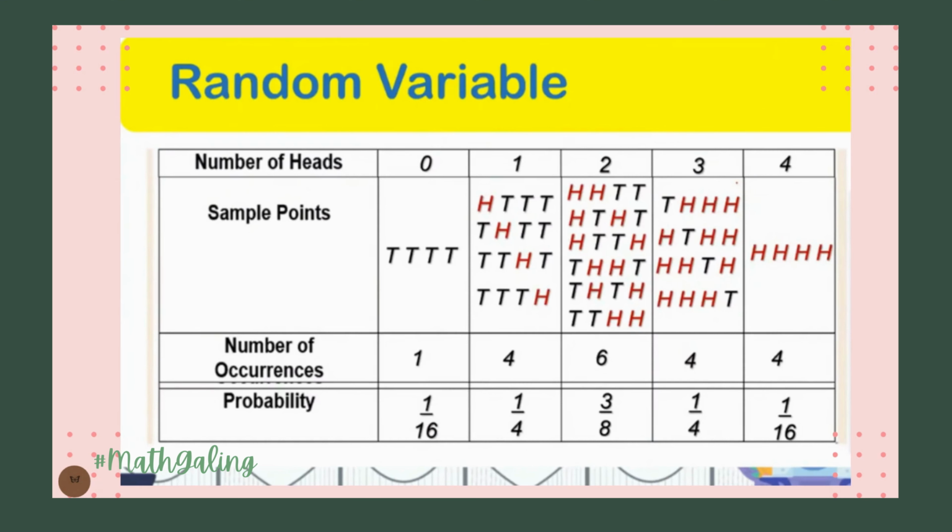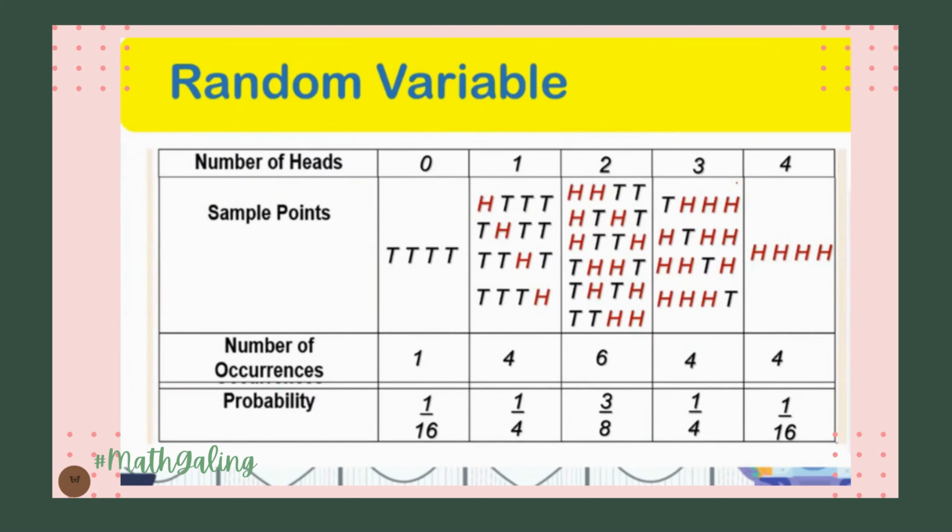Now what are sample points? These are the outcomes that satisfy the number of heads that we consider in the heading. If there is no head, the outcome will be 4 tails. If it's 1 head, then these will be the possible outcomes. Just look at the sample points in the table. These are the possible outcomes for 2 and 3 heads, and if there are 4 heads, then this will be the outcome.